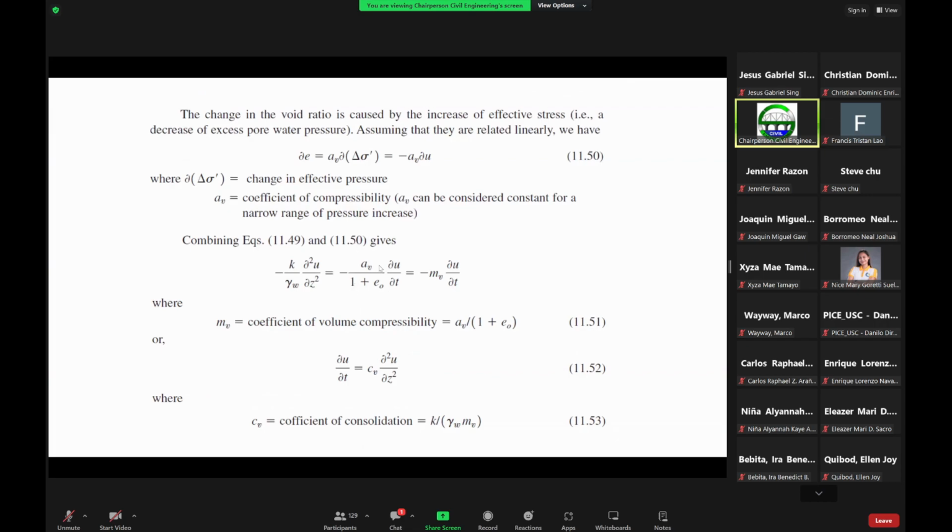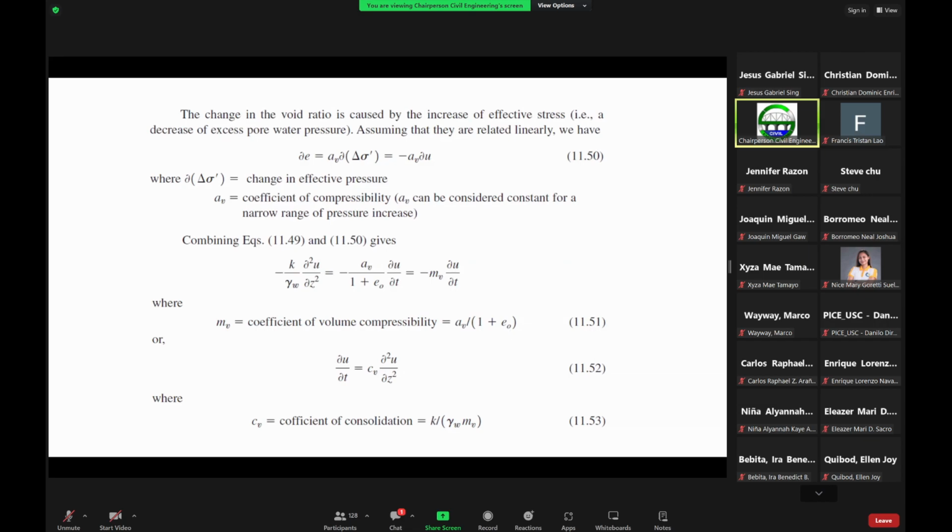So this A sub V over 1 plus E sub O can be written as M sub V, where M sub V is what you call the coefficient of volume compressibility, which is equal to the coefficient of compressibility over 1 plus the initial void ratio.